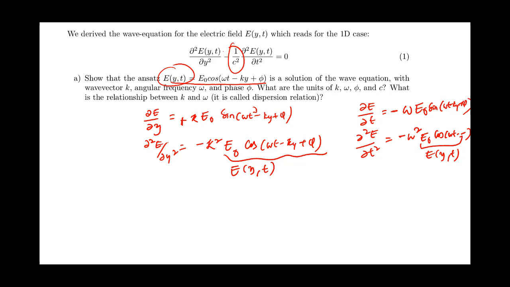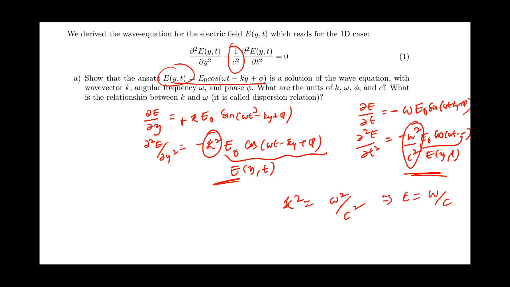So these two things will be equal only if k square is equal to omega square by c square, or k is equal to omega by c, right? Or I can write this as omega by k is equal to c.